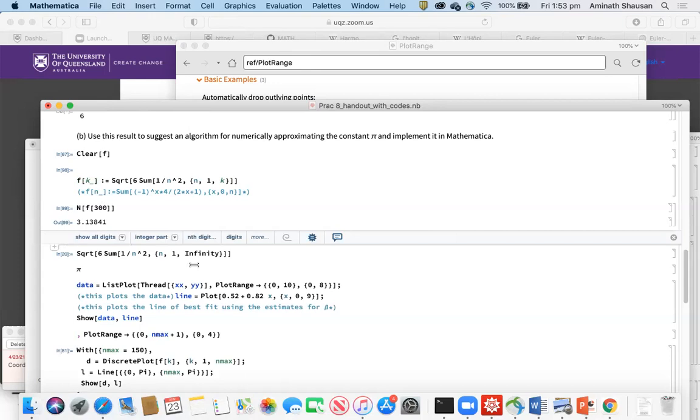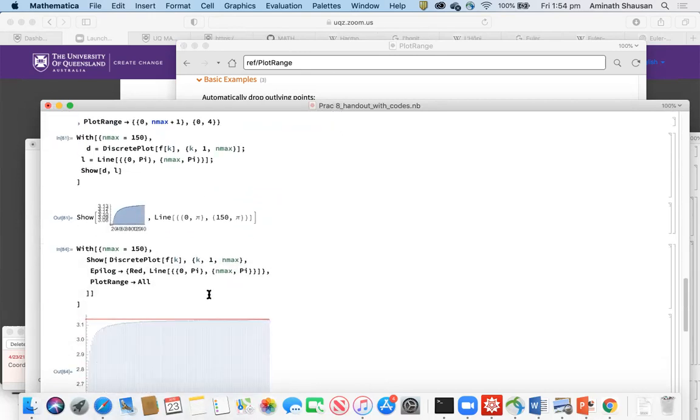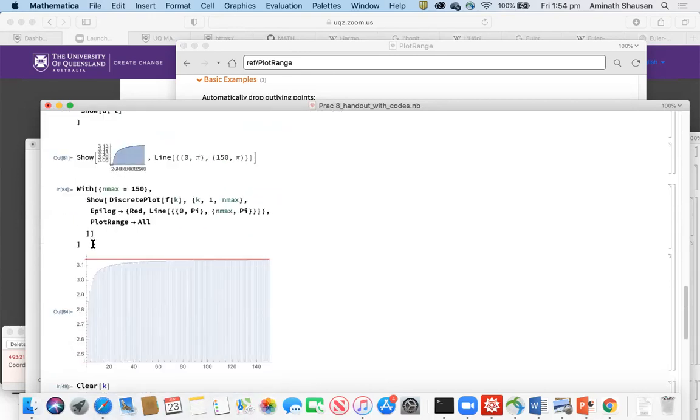Then there's this little program where you compute for a given maximum number, and use the discrete plot to plot the sum output. This red line is the value of pi, 3.14.